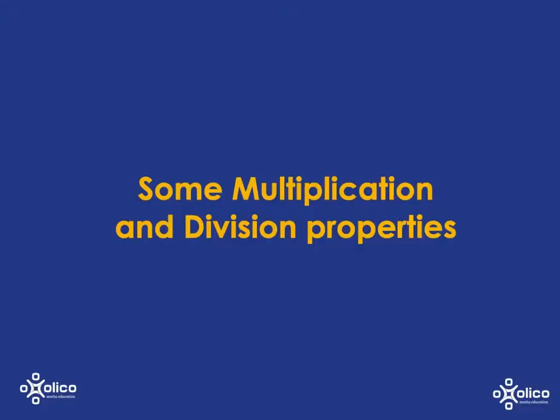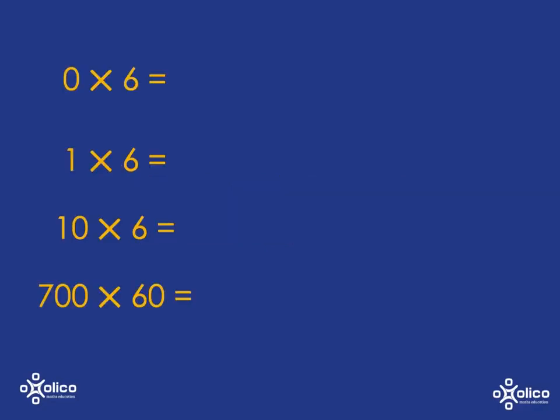We're going to have a look at some properties of multiplication and division. If we want to do these, let's just think again about what multiplication is. If, for example, we wanted to do 3 multiplied by 6, what we'd be thinking of is that we've got 3 bags, each with 6 sweets in each bag, and so 3 multiplied by 6 will be 3 bags of 6 sweets, so in total we'll have 18 sweets.